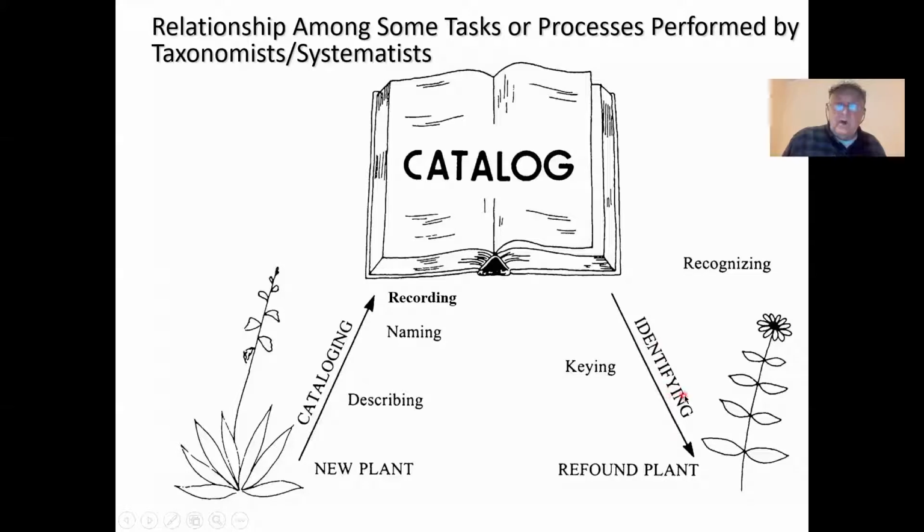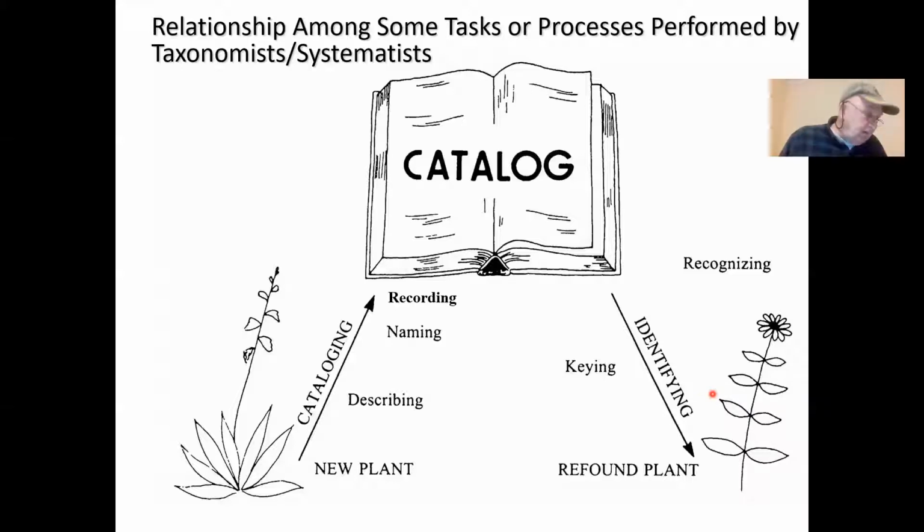It's been published, so what you're trying to do is match it up with a description, if you're lucky enough to find one, or an illustration, which is part of the description process. In fact, that's a requirement too. The International Code of Botanical Nomenclature requires that when you describe a new species, you illustrate it. I believe that's still true. I hope I'm right about that.